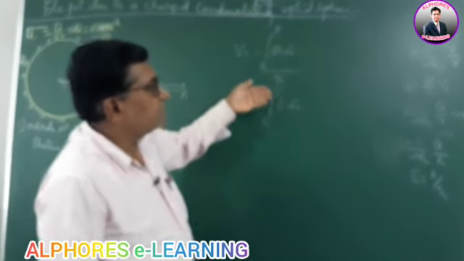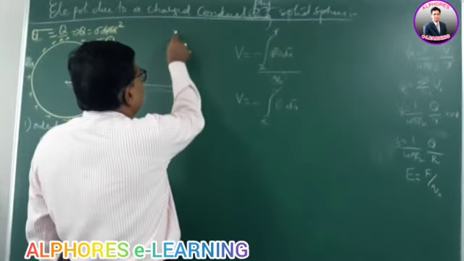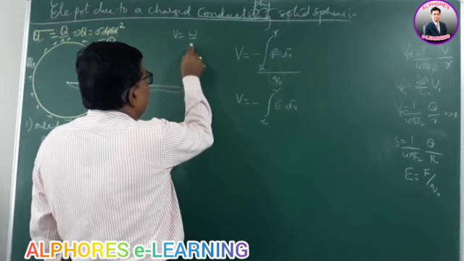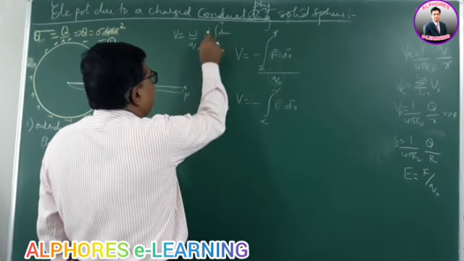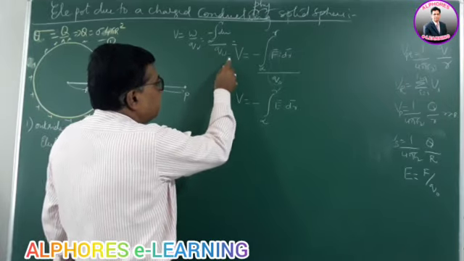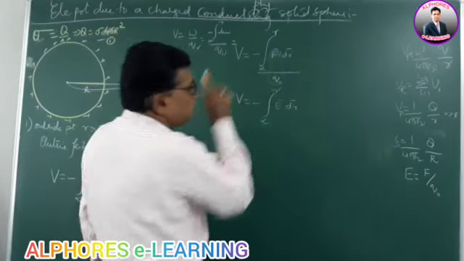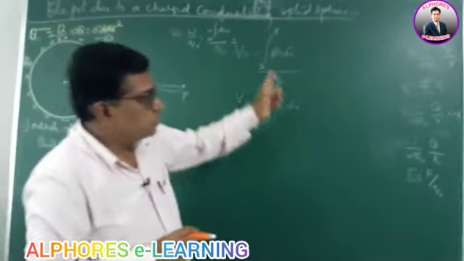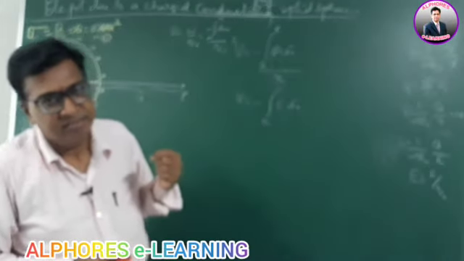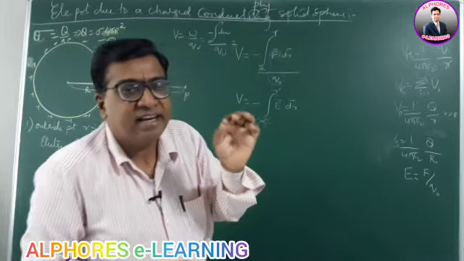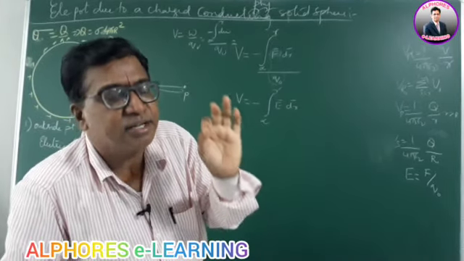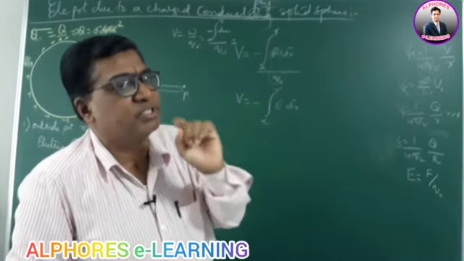This is the method from the definition. So V is W by Q naught, where W is the total work done, dW from infinity to R. W is force into displacement, F dot dr, but force by Q naught is the electric field intensity, as we proved earlier.